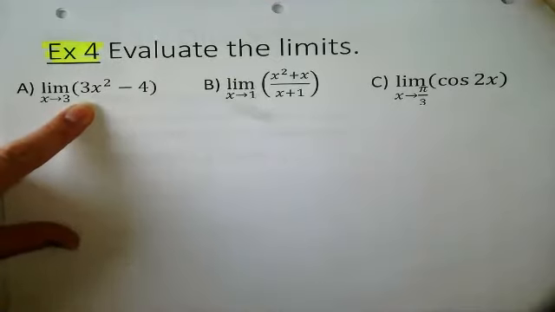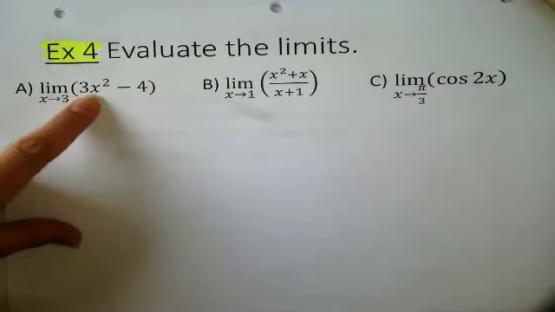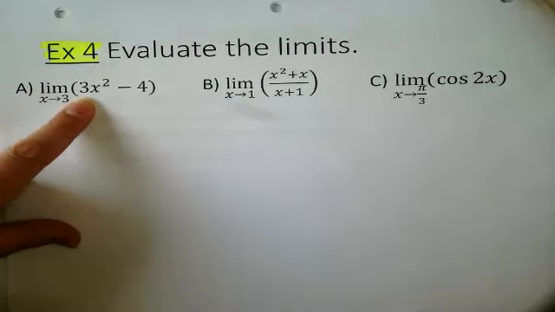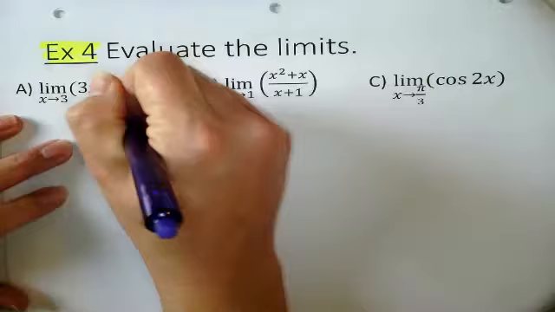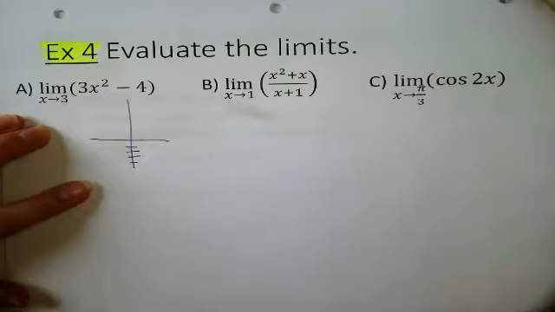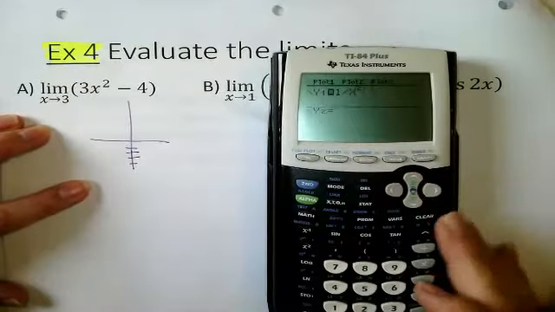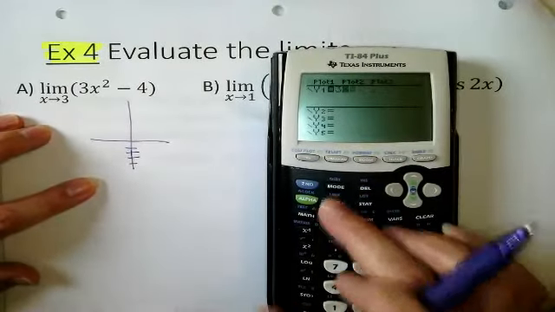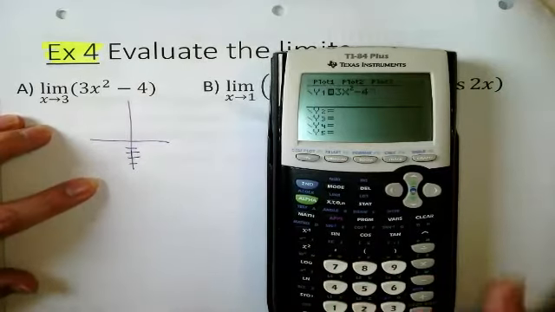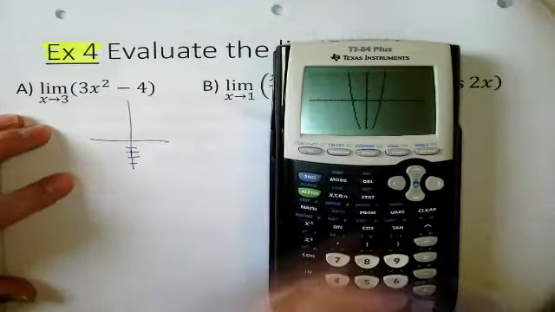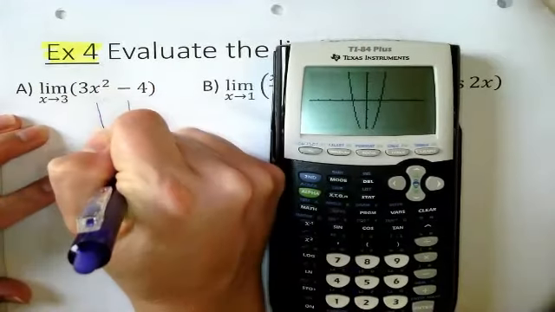I know, for instance, that this function, 3x squared minus 4, is a parabola, and I know that it has a y-intercept of -4, and I know it's an up parabola. I don't know exactly what it looks like, but I know it's a nice, smooth curve, and if I wanted to graph it, I could. Look something like that. There we go.